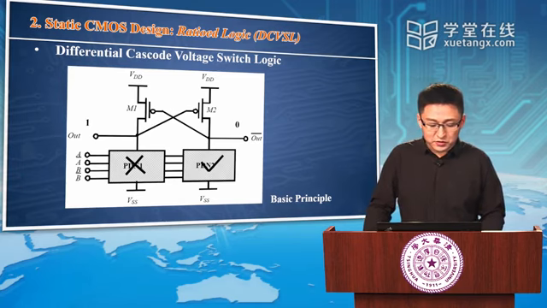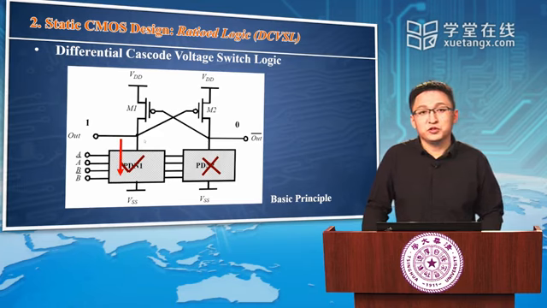If in some case the PDN1 and PDN2 make a transition at the same time, for example, this is turned on, this is turned off, right? Therefore, this is turned on, and the pull-down network will try to decrease the voltage at out, right?